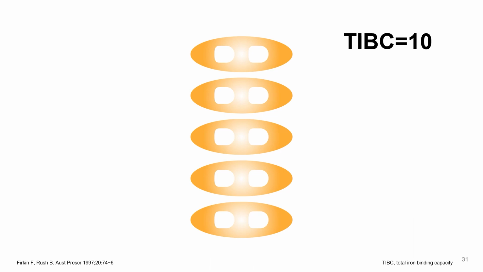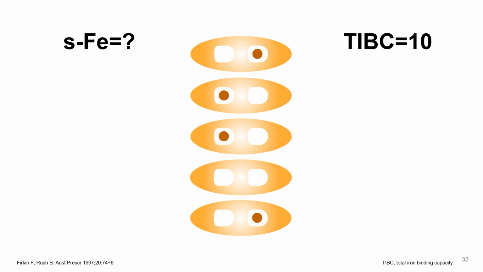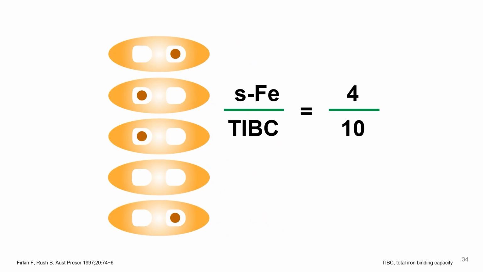That's your total iron binding capacity. In this example, 4 of the seats are filled with passengers. So your serum iron is 4. So what is your transferrin saturation? Or let's say, what is the saturation of your transport system?